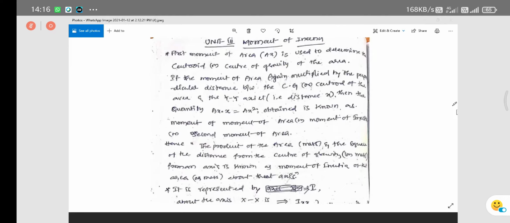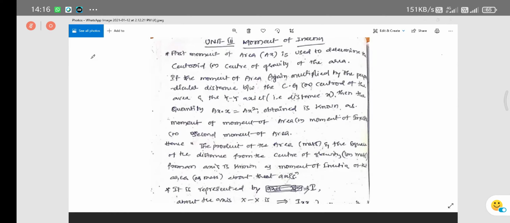Right. So here, we are going to discuss the third unit, moment of inertia. Very important unit. It is purely related to design applications or any computational calculation applications in mechanics.